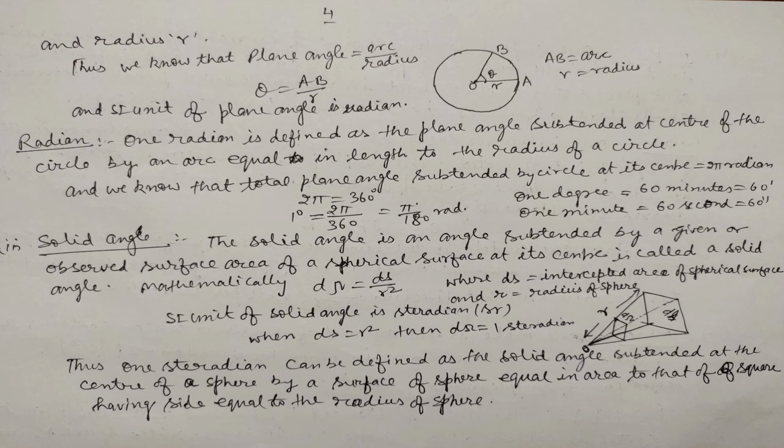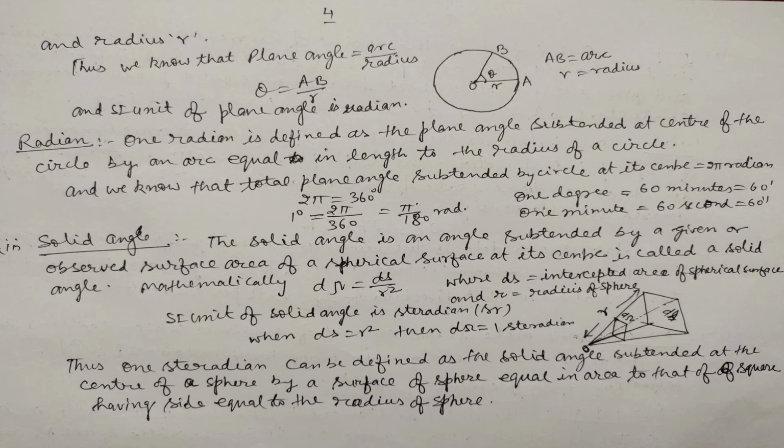So 1 radian can be defined as the plane angle subtended at the center of the circle by an arc equal in length to the radius of the circle, and we know that the total plane angle subtended by a circle at its center is equal to 2 pi radian.